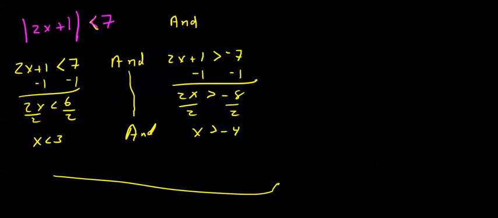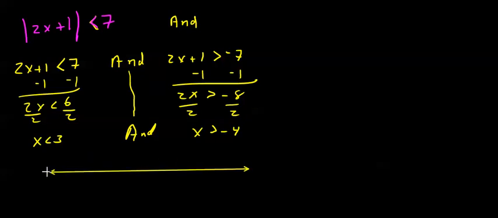Okay, that is the absolute worst I've ever seen. So 0, 3, negative 3, negative 4, my bad. And we are greater than negative 4, less than 3. It looks like that.